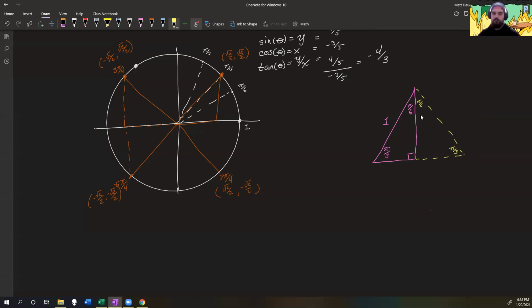It's equilateral. All sides are the same. That's a 30 and a 30, so that's a 60. So it's 60, 60, and 60, or pi over 6 and pi over 6 makes pi over 3. So all the sides are 1. Which makes this little pink side here, because they're mirrored, exactly 1/2.